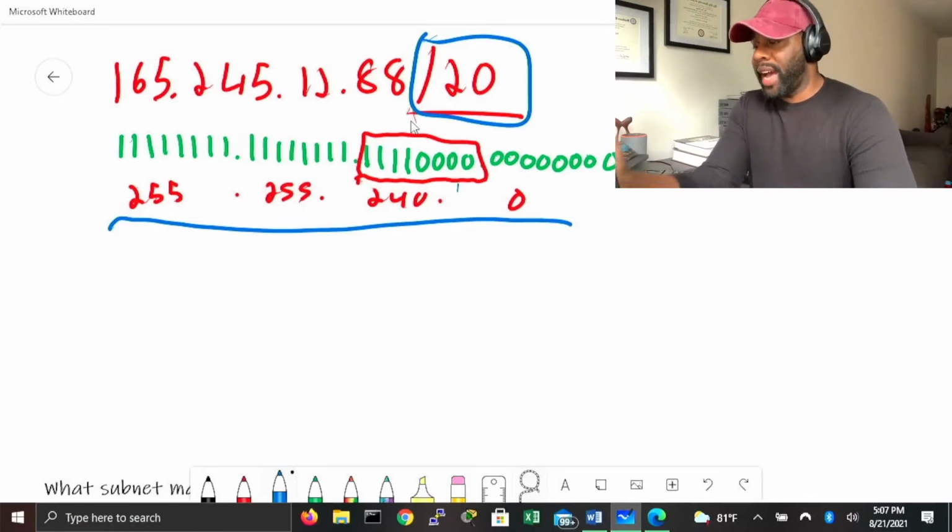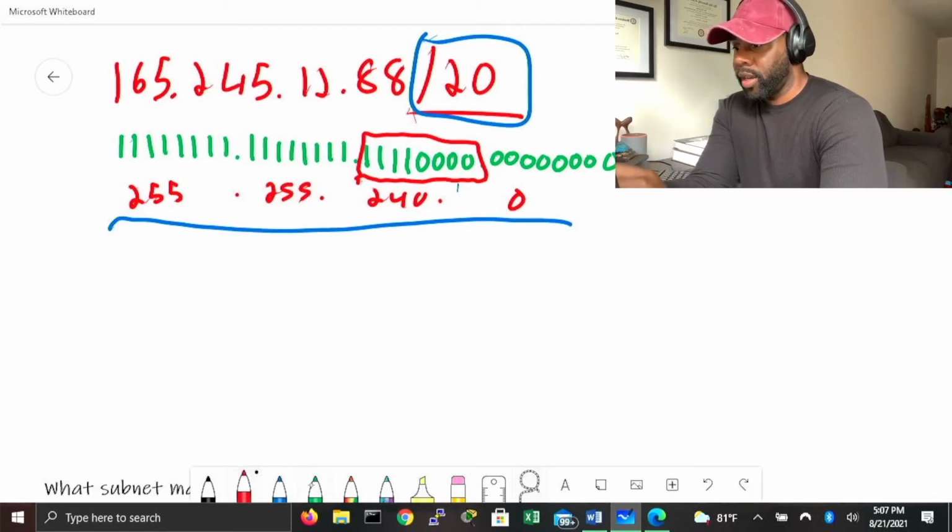Okay, now we have this IP address, 165.245.12.88/20. Let's do some calculations. What's the subnet ID? What's the broadcast address? And what is the range of valid hosts?